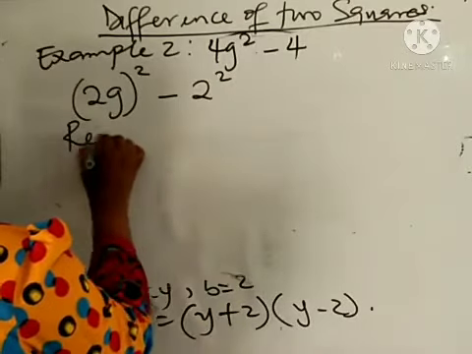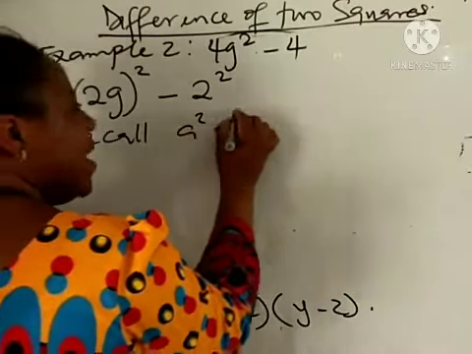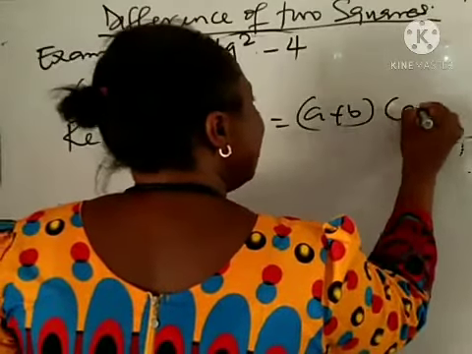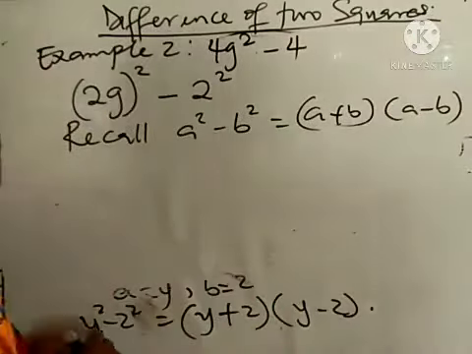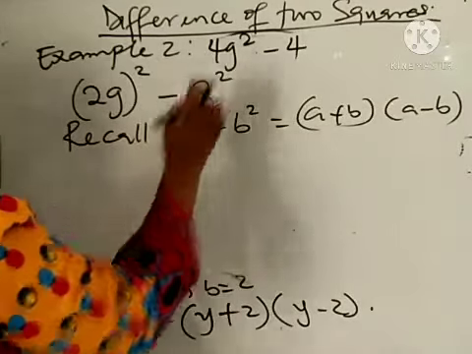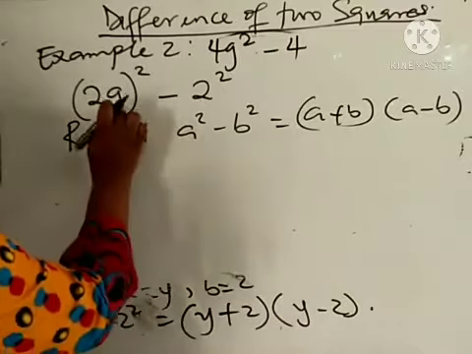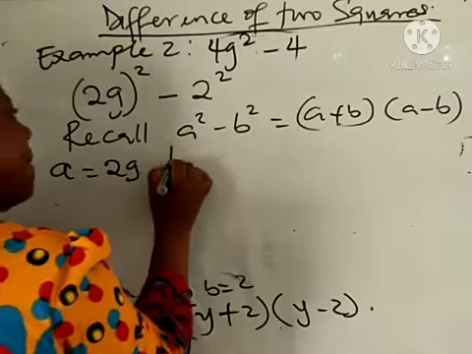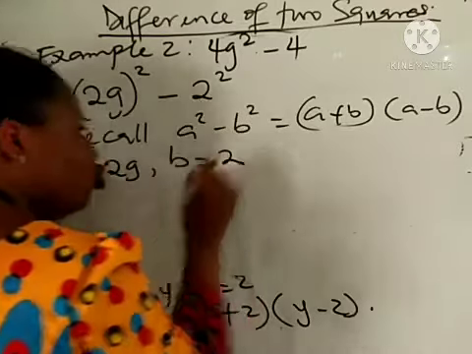So I can now tell them, recall that A square minus B square will give me A plus B, A minus B. In this case, if I compare this and this together, my A is 2G. My B is 2.